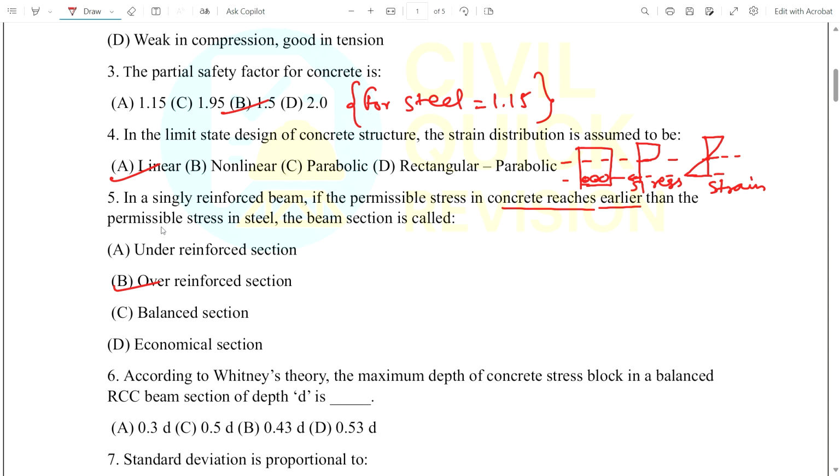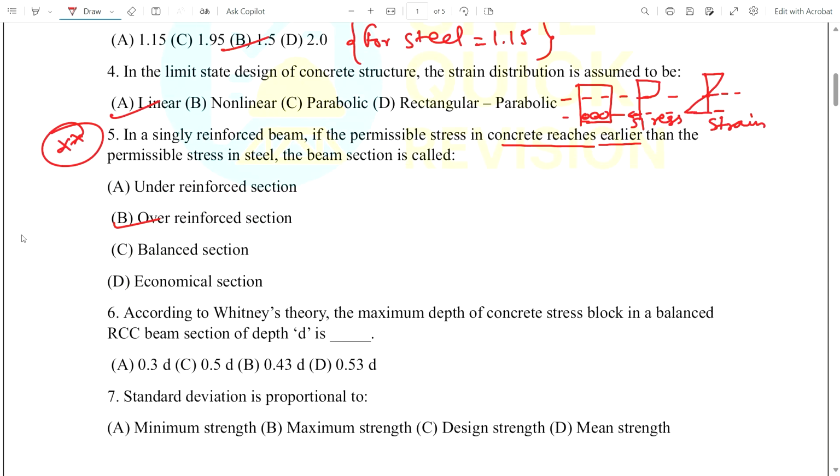This is a very common question asked in the examination. Please practice this type of questions.